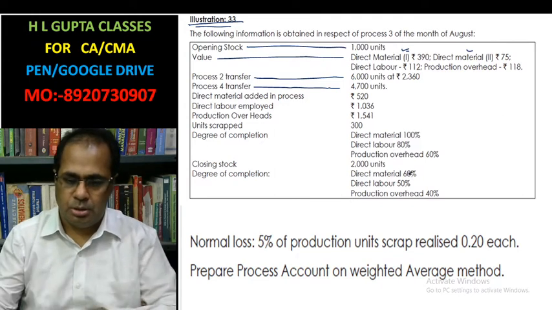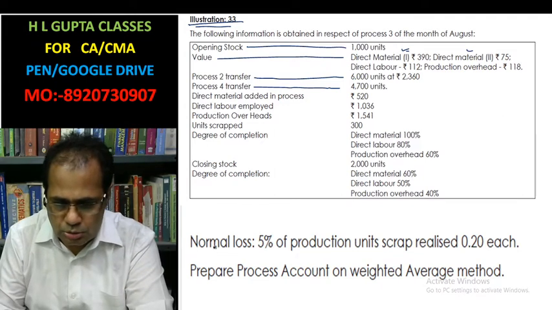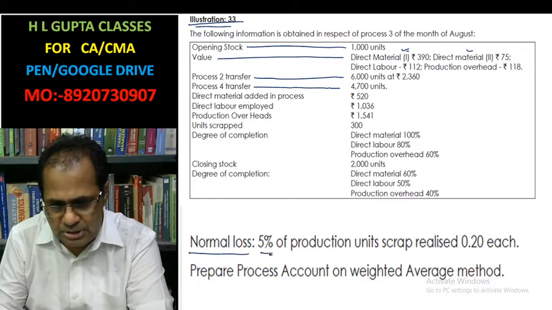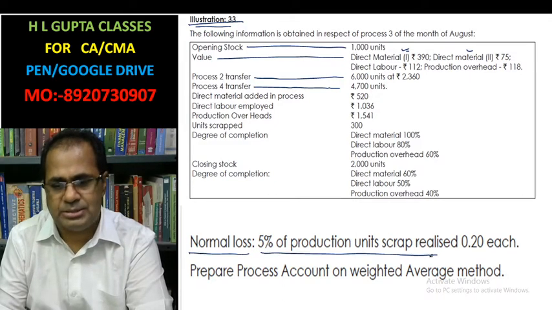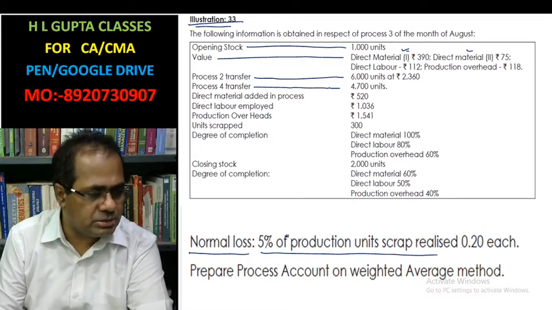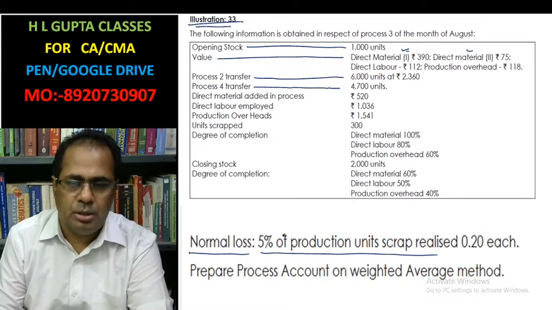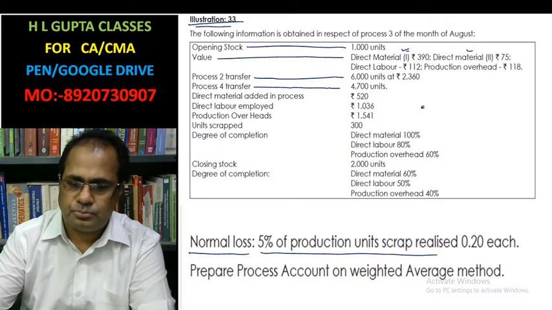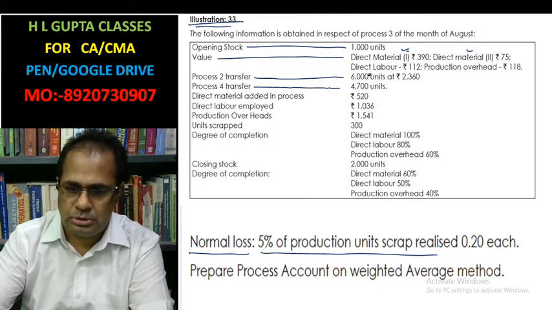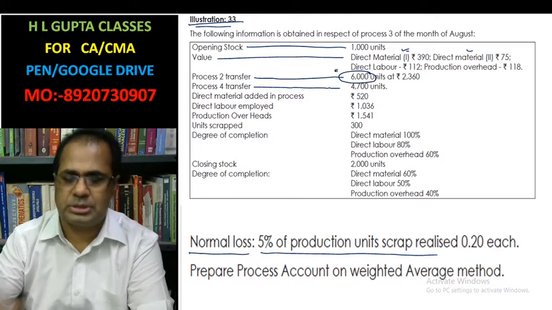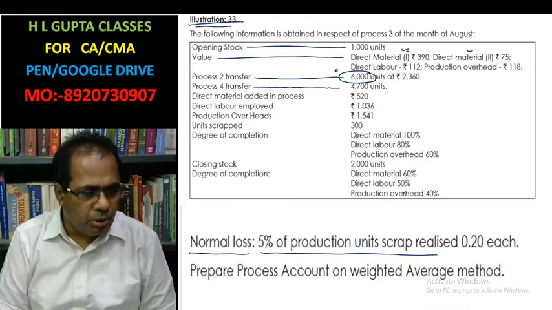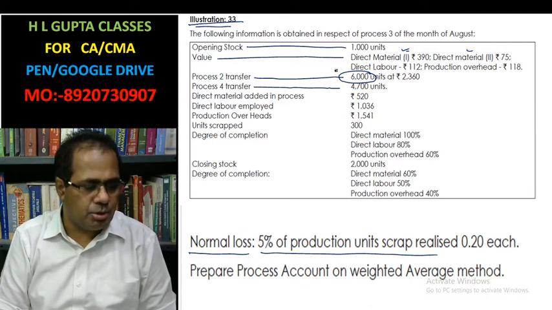In the given case, normal loss is 5% of the production, and the scrap is realized. Normal loss is 5%. How is normal loss calculated? Please try to understand.